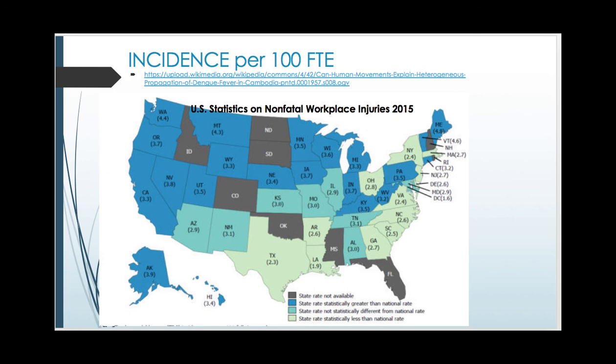So now we can look at some incidence rates per 100 full-time workers across the United States. If you get hung up on this person time, incidence rates when we do our workplace calculations are really looking at person time hours as well, and we're normalizing it to 100 full-time FTEs, and that's when we use 2,000 hours worked a year times how many workers we have.